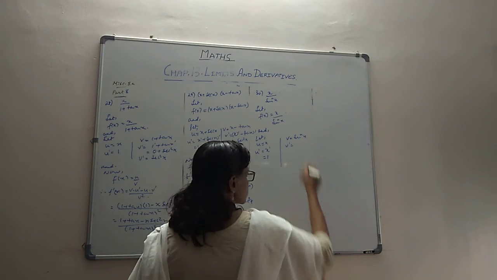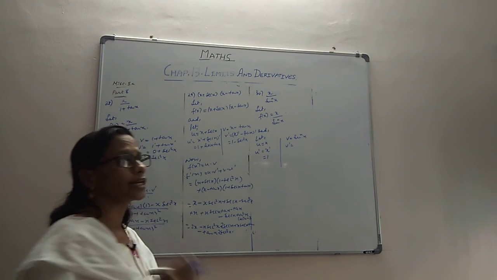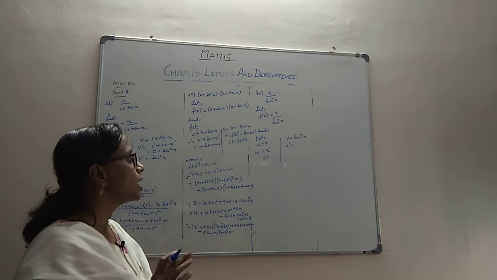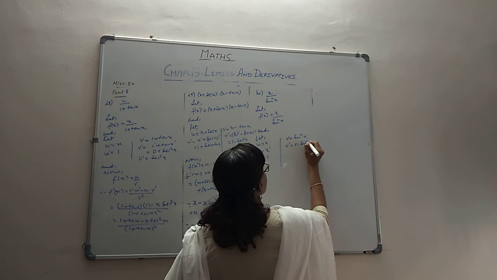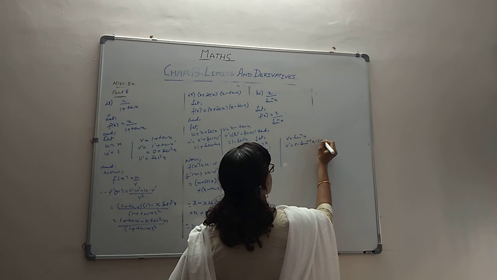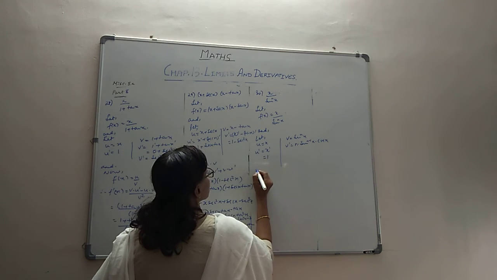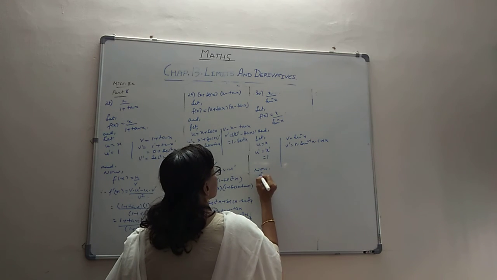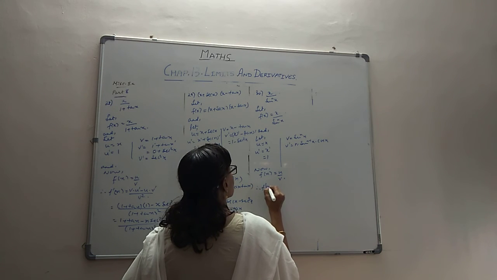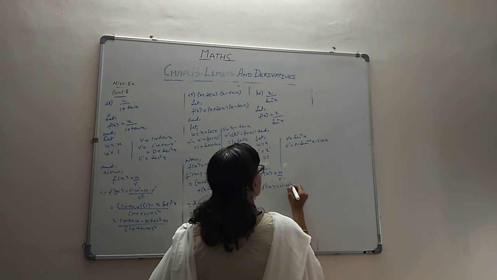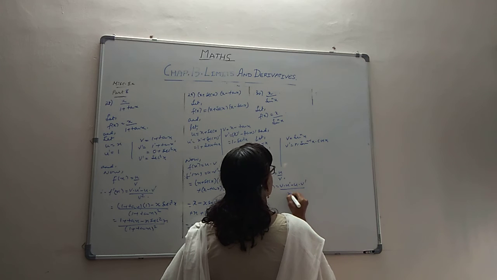The derivative of v, of course, is a huge procedure, but we have done it in problems like 18, 19 somewhere, and from there we know that this derivative is n into sine raised to n minus 1 x into cos x. So now we get our f of x, which is of the type u by v. So our f dash x will become v into u dash minus u into v dash by v squared.